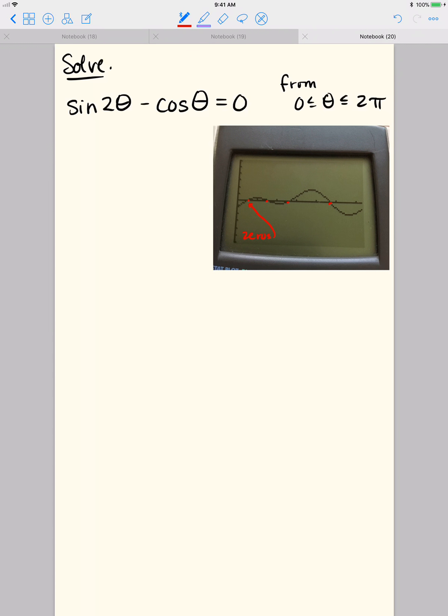So I have a double angle on sine, and then I have a regular cosine. Sine of 2 theta has a double angle, and I could replace it with the double angle formula that says sine of 2 theta is 2 sine theta cosine theta, and then I have minus cosine theta equals 0.